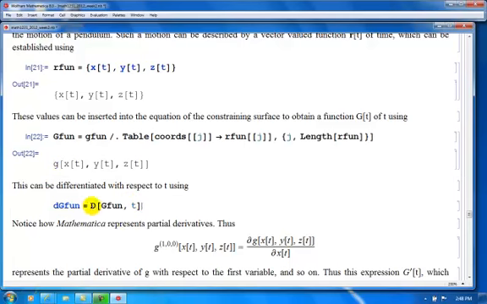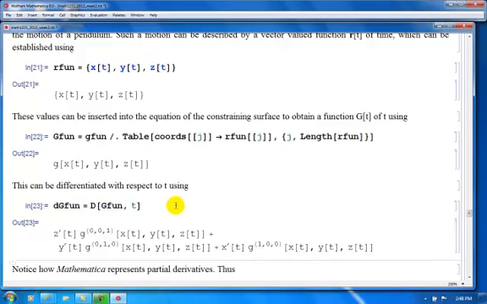This is the Mathematica function which does symbolic differentiation, and this is what we get. So let's have a look. We get z prime of t times this term here, plus y prime t times this term here, plus x prime t times this term here.